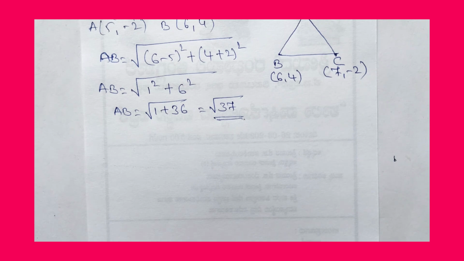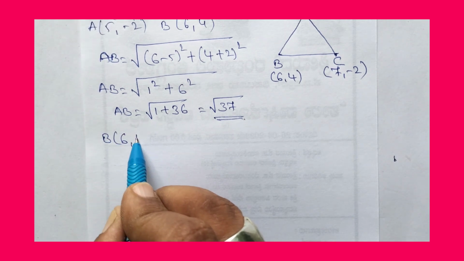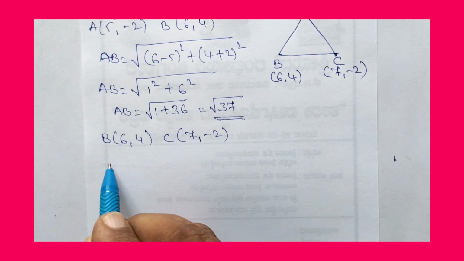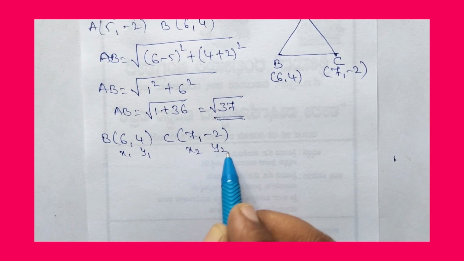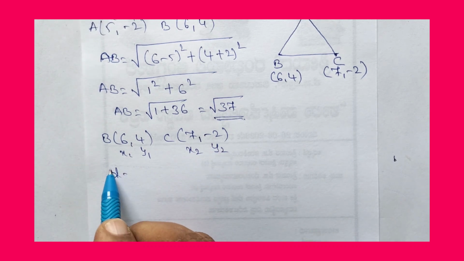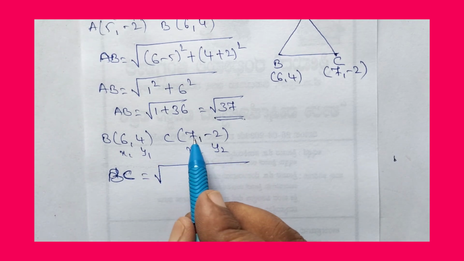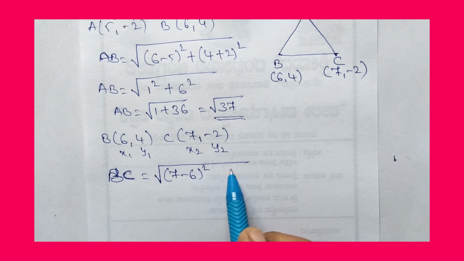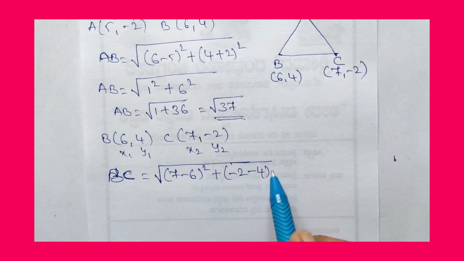So square root of 37 units is the distance between A and B. Now let us find the distance between B and C. B is (6, 4), C is (7, -2). So this is x1 y1, this is x2 y2. BC is equal to square root of (7 minus 6) whole square plus (-2 minus 4) whole square.